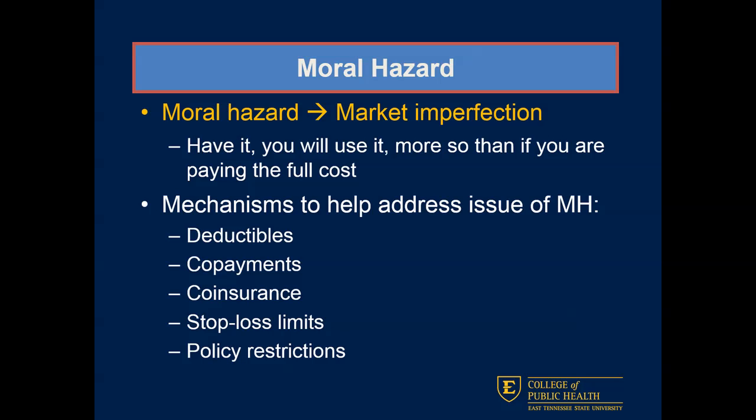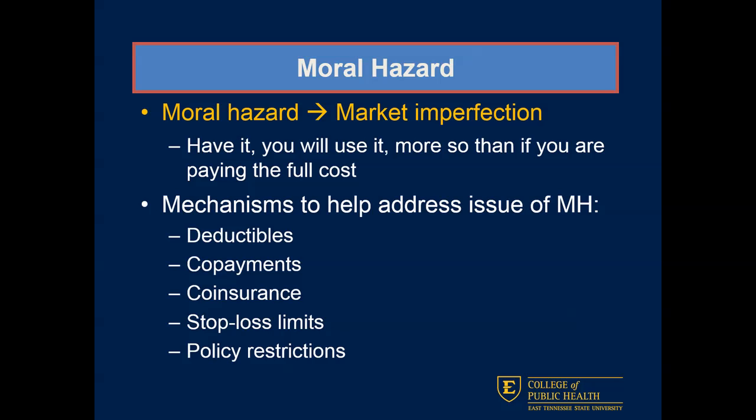But how this creates this market imperfection, how we got to where we are with comorbidities, where we're seeing a lot more chronic cases come in, is because, again, going back to moral hazard, individuals would have some type of disease that in the early stages would be very simple to take care of, but they either didn't have the right amount of insurance or they didn't have insurance, so they didn't seek out health care.